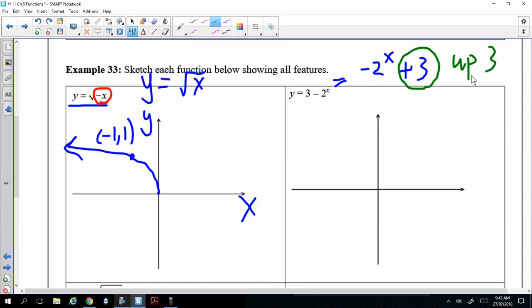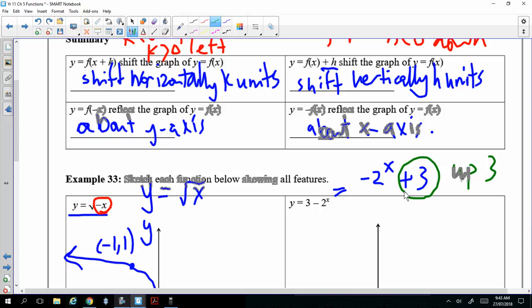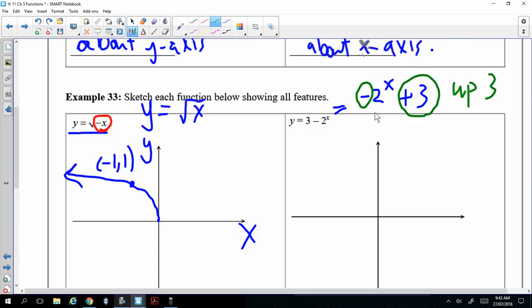Reflect about the x-axis. Yes? So that means when you draw this, you're going to draw this graph instead of this one. Remember what exponential looks like? So normally, let me draw it here. If I draw 2 to the power x, it looks like this.